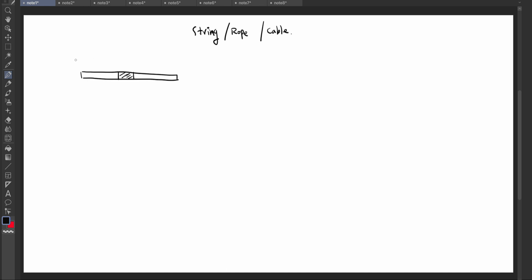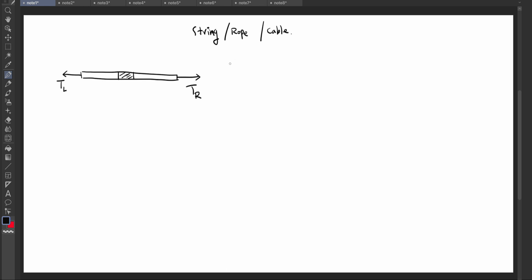Now, let's say on the left side, there's a force, let's call this T left, and that's force T right.